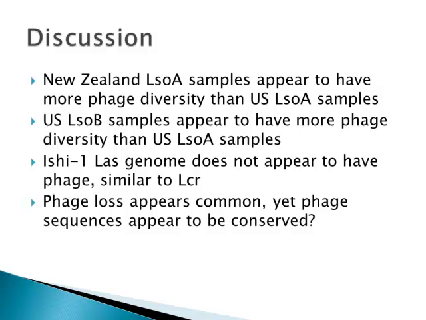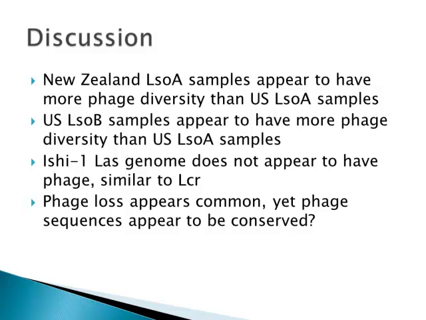They ran the full gamut on Ishi-1 strain LAS and could not differentiate it whatsoever from your typical asiaticus. And then if you look at Liberibacter crescens, that I think comes out of papaya, that doesn't appear to have any Liberibacter phage either, but that one is non-pathogenic.